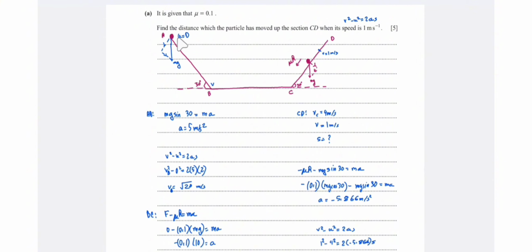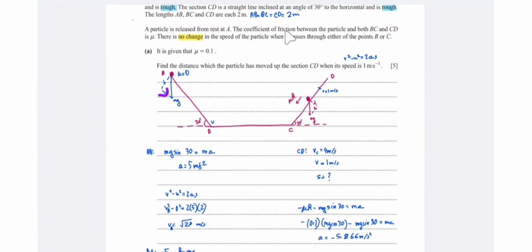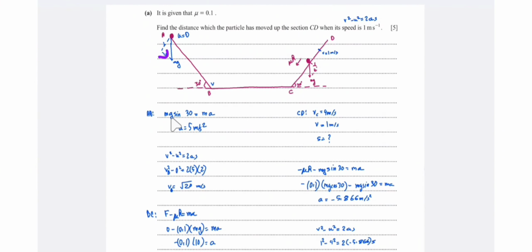The force parallel to the plane, mg sine theta, is equal to mass into acceleration, and since the section AB is smooth, there is no effect of friction. So mg sine 30 is equal to m times a. Since m is the same, we cancel it, and the acceleration comes to be 5 meters per second squared.